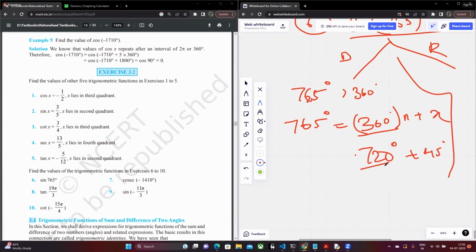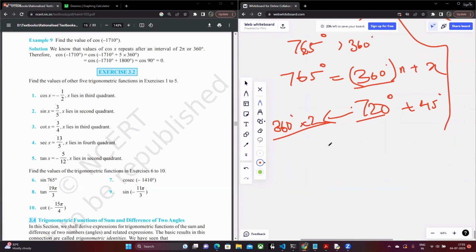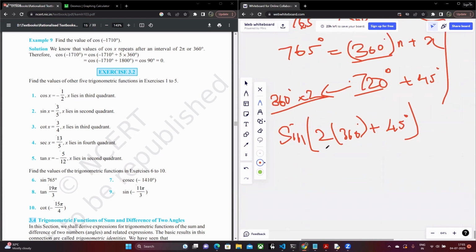Right. And 720 is basically 360 into 2. So I can write this as sine of 2 times 360 degrees plus 45 degrees, right? Since sine of 360 plus theta is sine theta, that means that I can just basically ignore this. This is equal to sine of 45 degrees. That is going to be 1 by root 2.